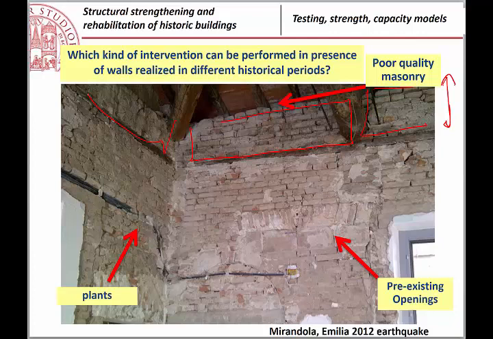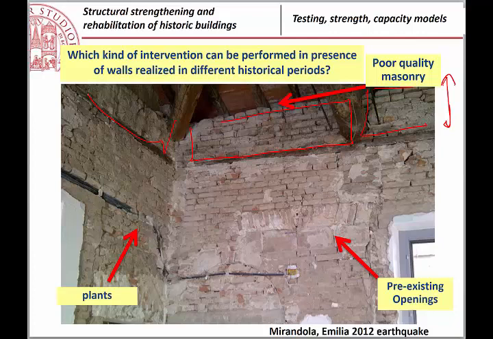So it was not important if they were cooked or not. So we typically find in the upper layers of the building very poor quality masonry, and especially poor quality bricks. Why is this aspect important?